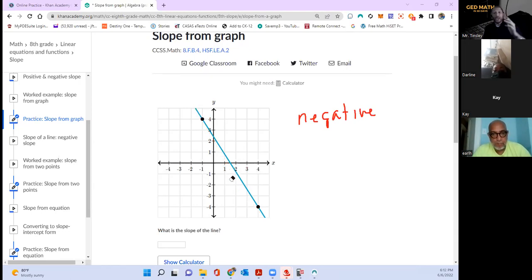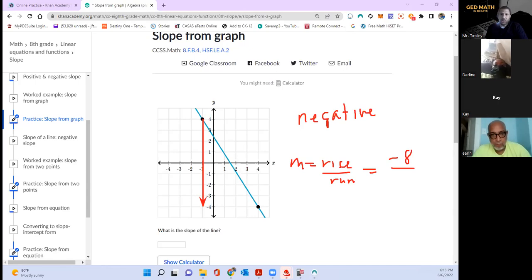So right away, you should be able to get rid of two of the multiple choice answers because they're going to have two positive and two negative answers. Then we just start with the leftmost point. In order to get to my second point, I need to go down: 1, 2, 3, 4, 5, 6, 7, 8. So my rise is -8 because I went down.